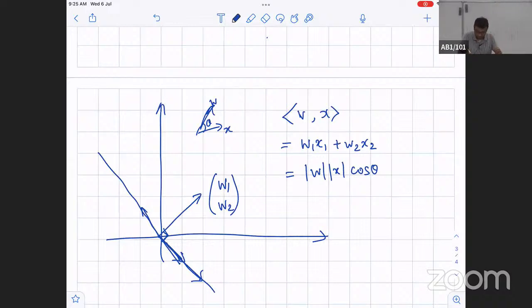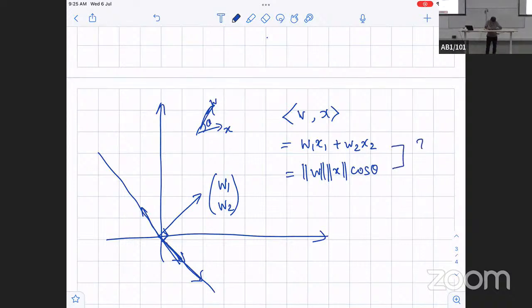Why is W1 X1 plus W2 X2 the same as the length of W times the length of X times cos theta? So you can figure this out. You spend some time and do it. Just try it.